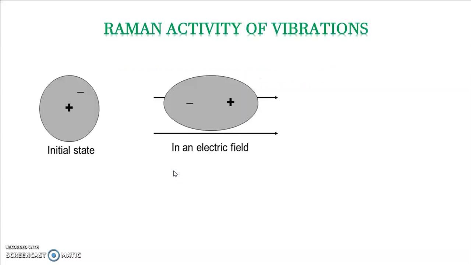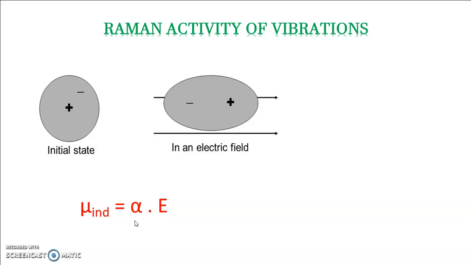If a molecule has no center of symmetry, it is easy to decide whether the vibrational modes will be Raman active or not. In this case, we can assume these modes are Raman active according to the polarizability principle. The induced dipole moment mu is equal to the strength of the electric field times the polarizability factor.